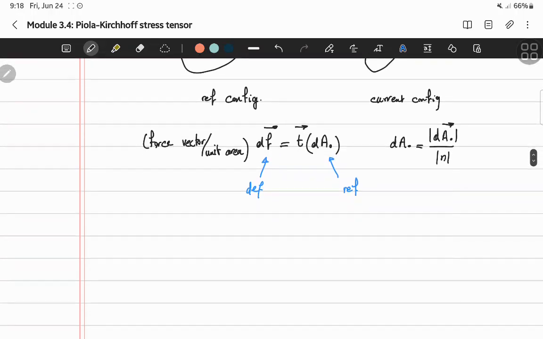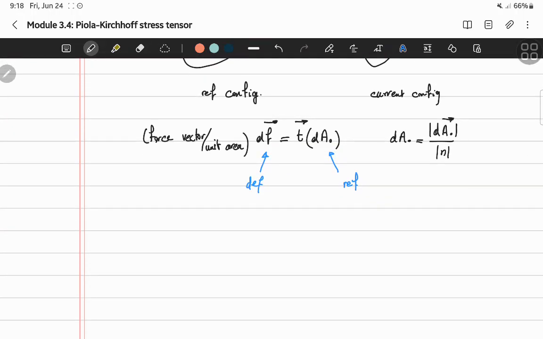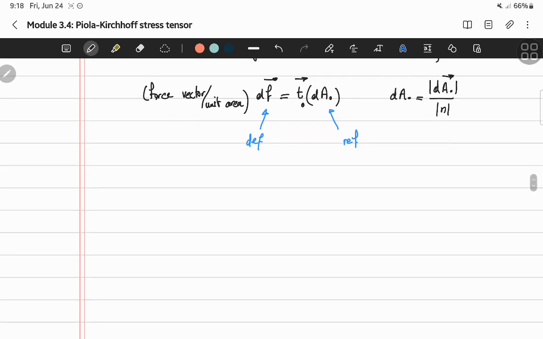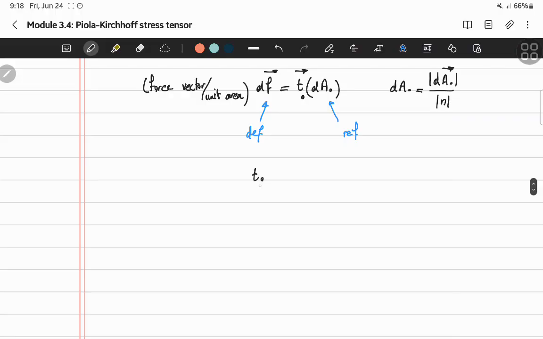All right. So let us write this 0 in here to differentiate. This is the first Piola-Kirchhoff. So I can define T0 also as T0 and N0.